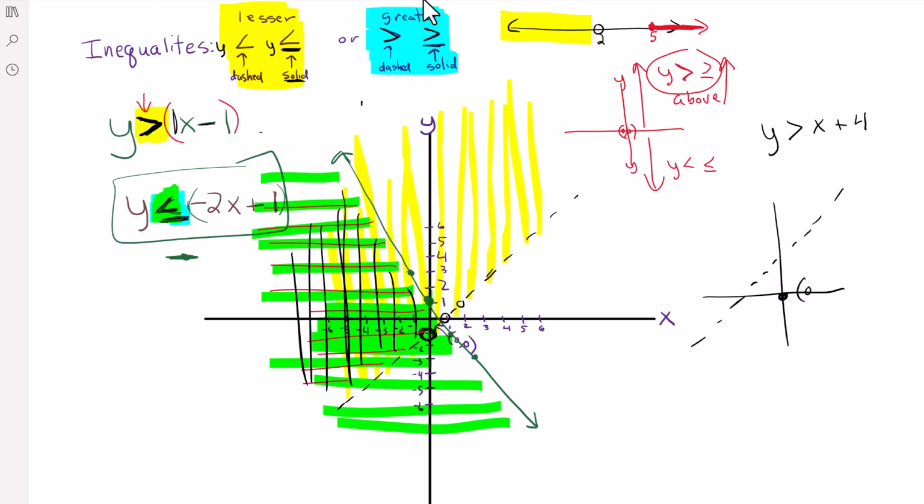So you pick an easy value, 0, 0, that's below it, and pick an easy one above it. So let's call this 0, 8. Well, remember, that's x and this is y. So for the point down here, we're going to put 0 is greater than 0 plus 4. Well, is 0 greater than 4? No, false. So false, you're not going to shade this region.